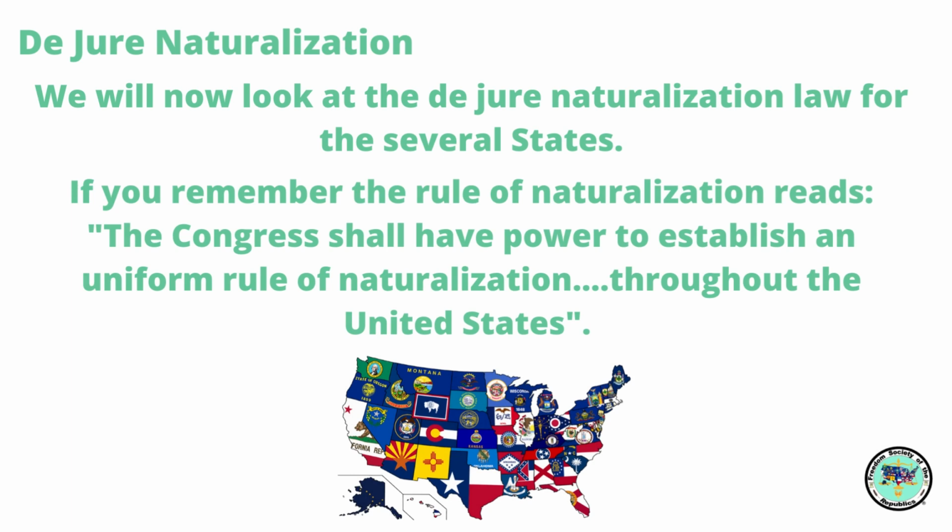Now here's a de jure naturalization. We will now look at the de jure naturalization law for the several states. If you remember, the rule of naturalization reads: the Congress shall have the power to establish a uniform rule of naturalization throughout the United States.